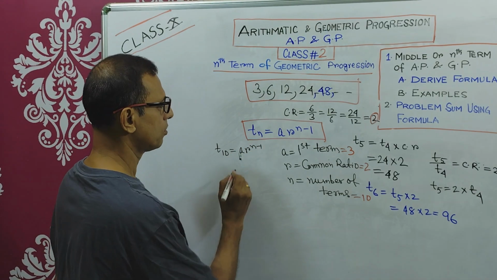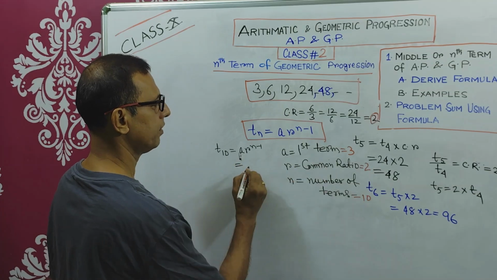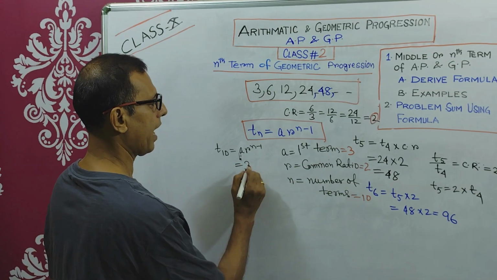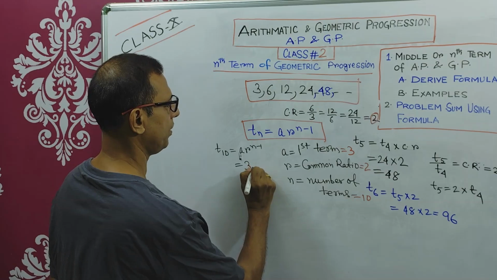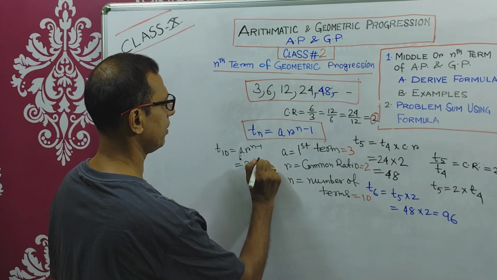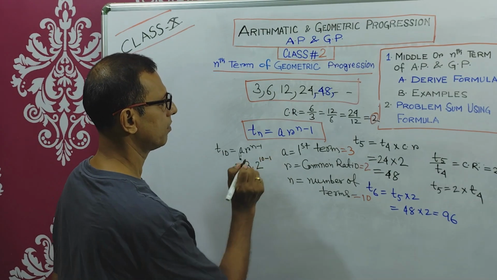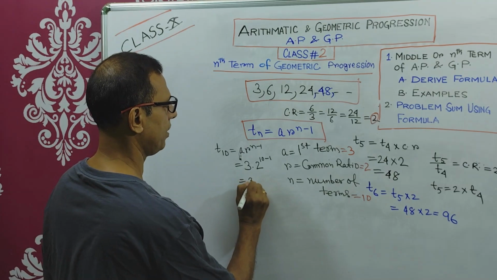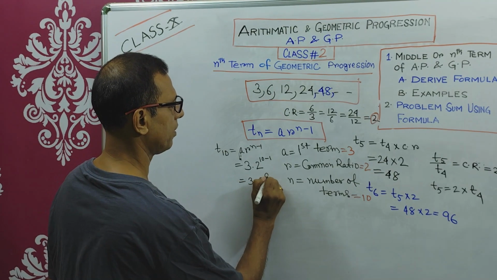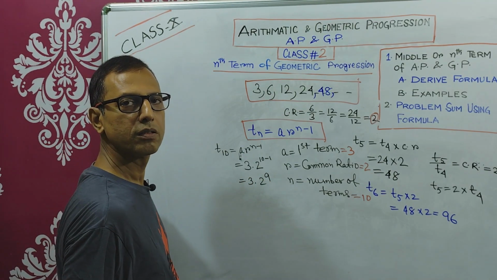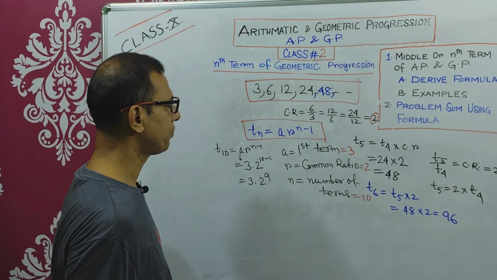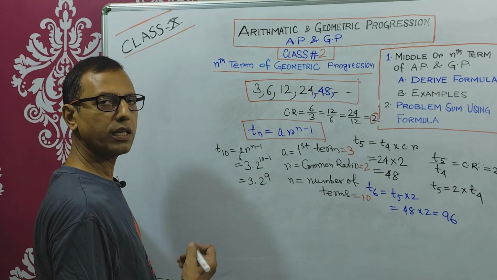Here a equals 3 and r is 2. So 3 into 2 to the power 10 minus 1, that means 3 into 2 to the power 9. So find the value of 2 to the power 9 and then proceed accordingly.